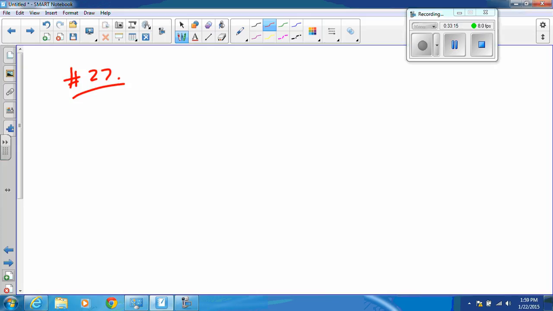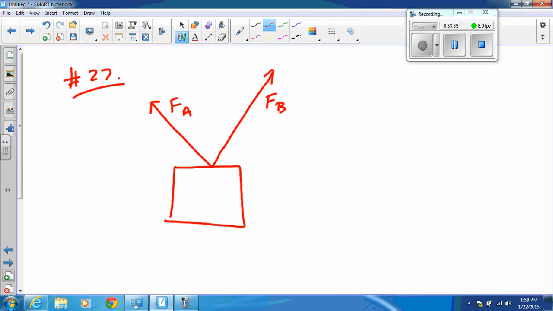So let's see here. The sum of the forces exerted is parallel to the line, and FA equals 4,500 newtons. Determine FB and the magnitude of. Okay. They give us a really interesting explanation in this problem.